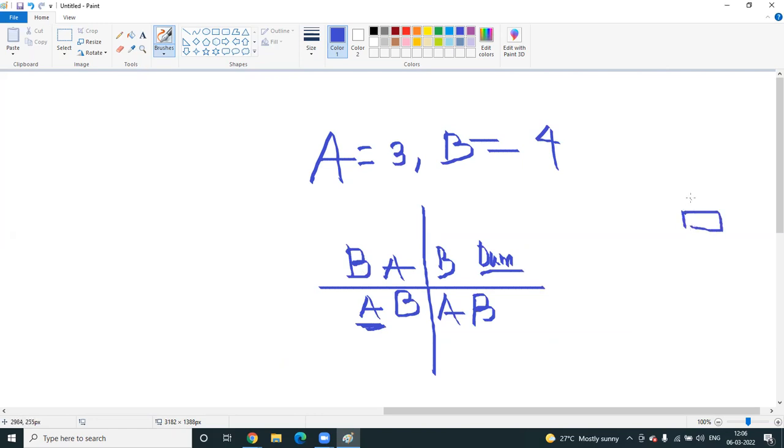The width and length of the device of A remains the same. Understand, or any doubt?